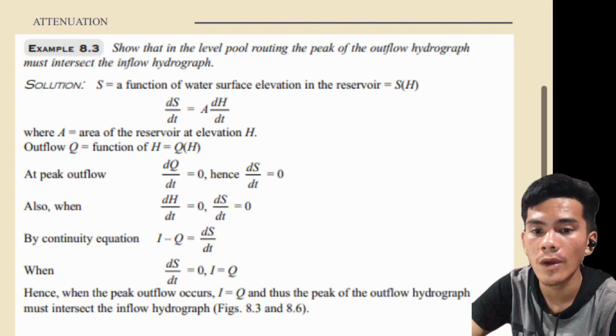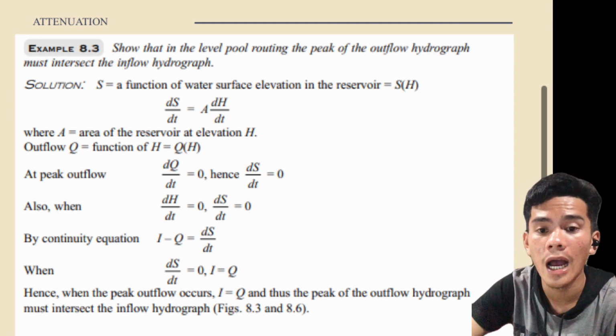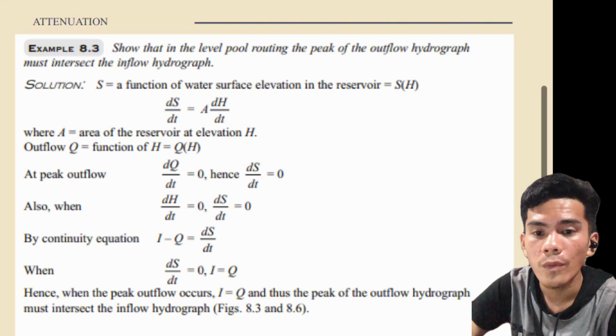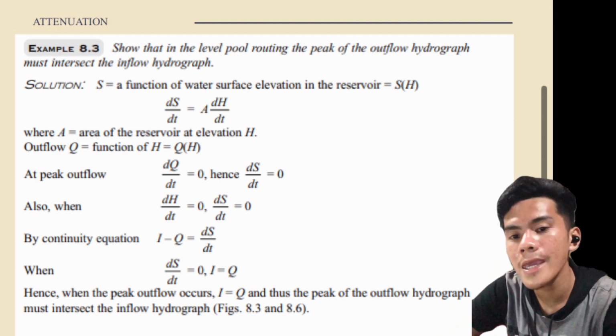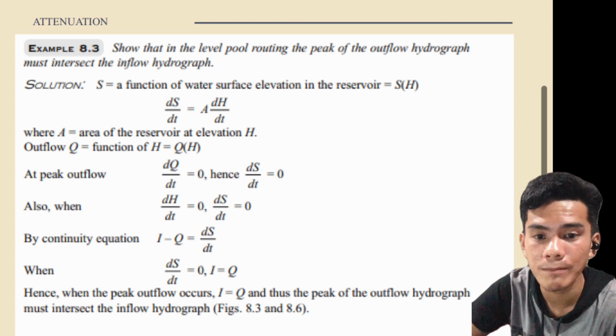By the continuity equation, I minus Q equals dS over dt, where I is the inflow minus Q, the outflow, equals the change in storage over time. When dS over dt is equal to 0, I is equal to Q. Hence, when the peak outflow occurs, I is equal to Q. Thus, the peak of the outflow hydrograph must intersect the inflow hydrograph as shown in figures 8.3 and 8.6.